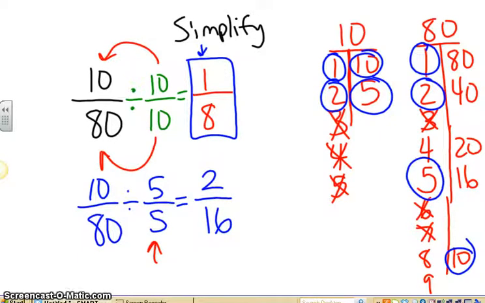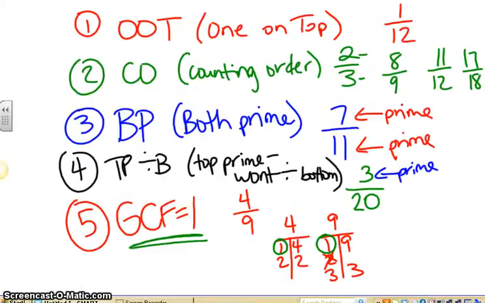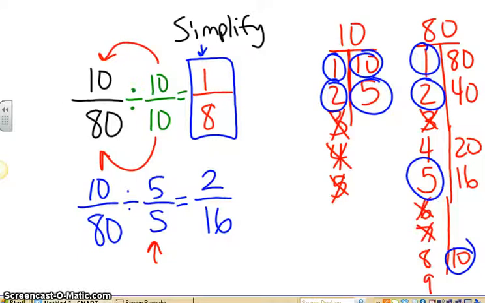Now we'd have to find the GCF for 2 and 16. Because if I used my simplification rules, the 5 rules that were on this other page, I would notice that, oh, this fraction doesn't fit any of those rules. Since it doesn't fit any of those rules, I am going to have to simplify it again. And I would see that, oh, 2's my common factor. 2 goes into 2 once. 2 goes into 16 8 times.